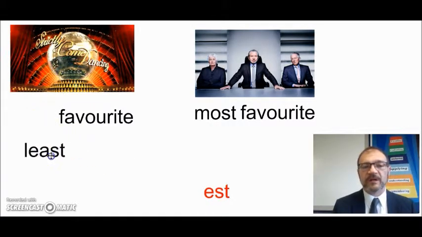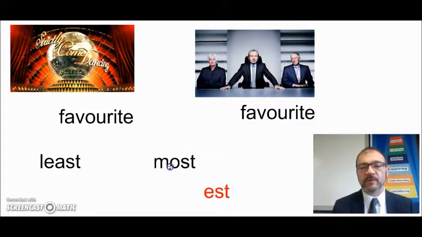So you can use other words in combination with these adjectives to make the comparison that you want to make. So you can't always add er or est on the end of an adjective. So when you can't, you use other words in combination to make the same comparison.